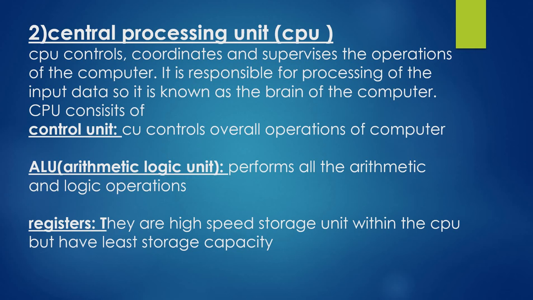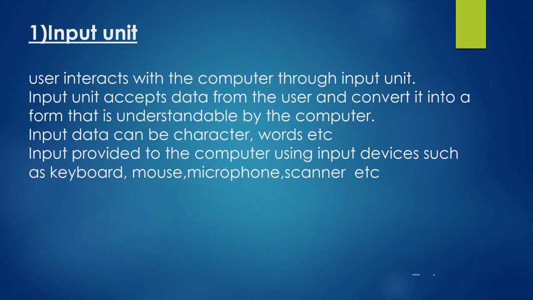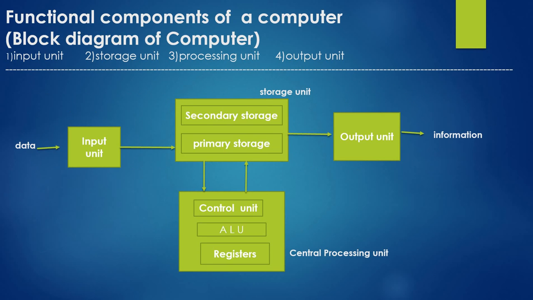That is why it is known as the brain of the computer. And this CPU consists of three units: the control unit, ALU and registers.